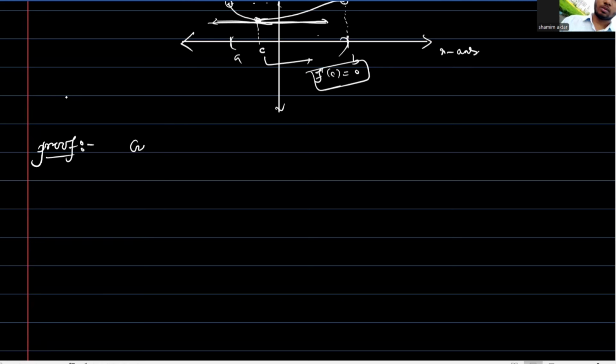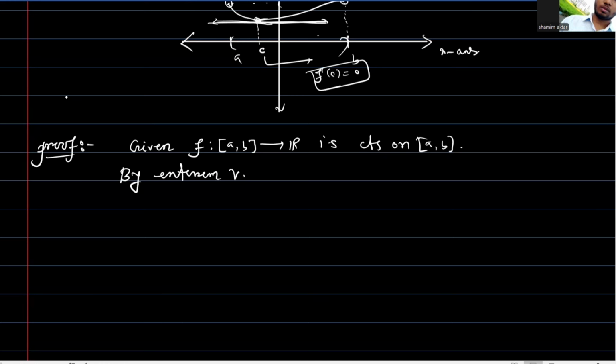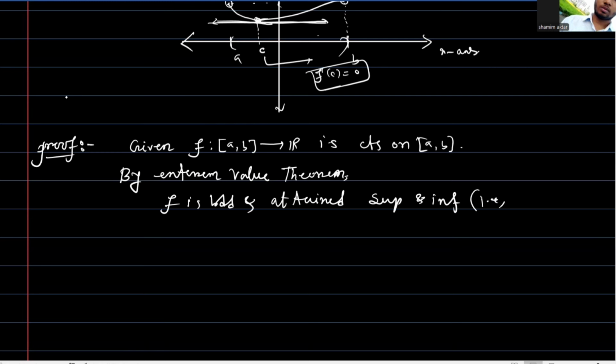Given that f from the closed interval [a, b] to R is a continuous function on the closed interval [a, b]. By the extreme value theorem, f is bounded and attains its supremum and infimum, that is, the least upper bound and greatest lower bound. And this extreme value theorem we already discussed in the previous lecture.